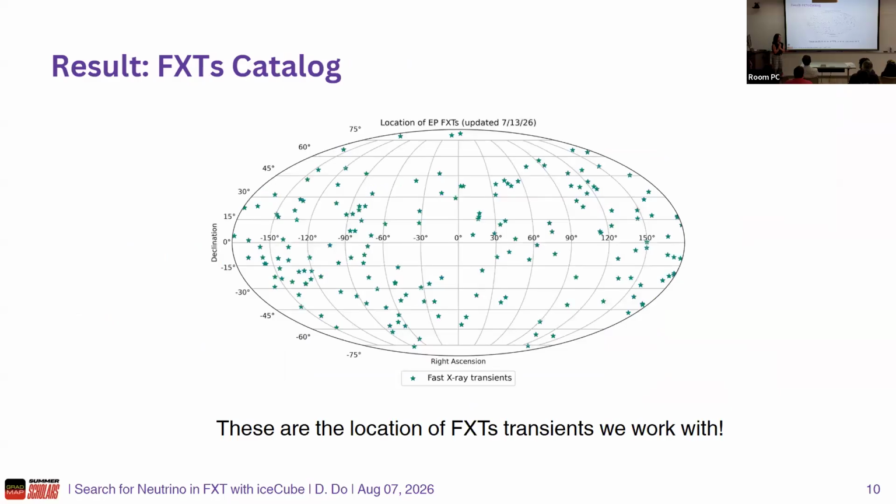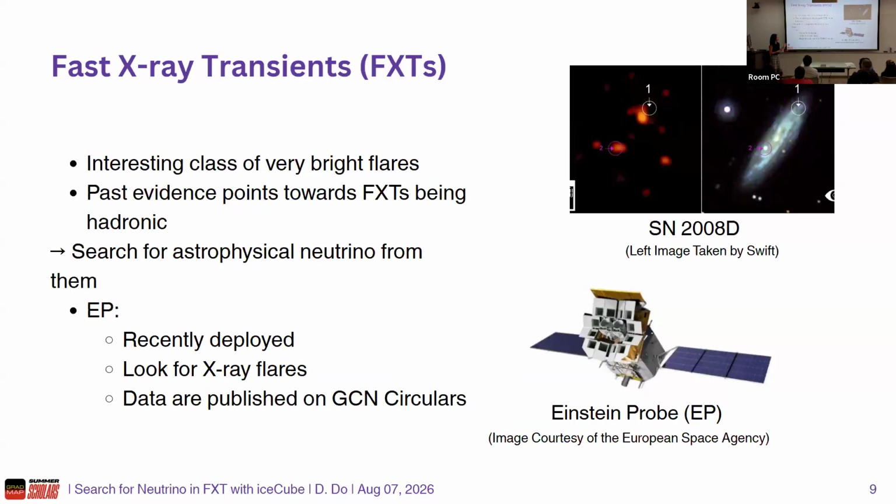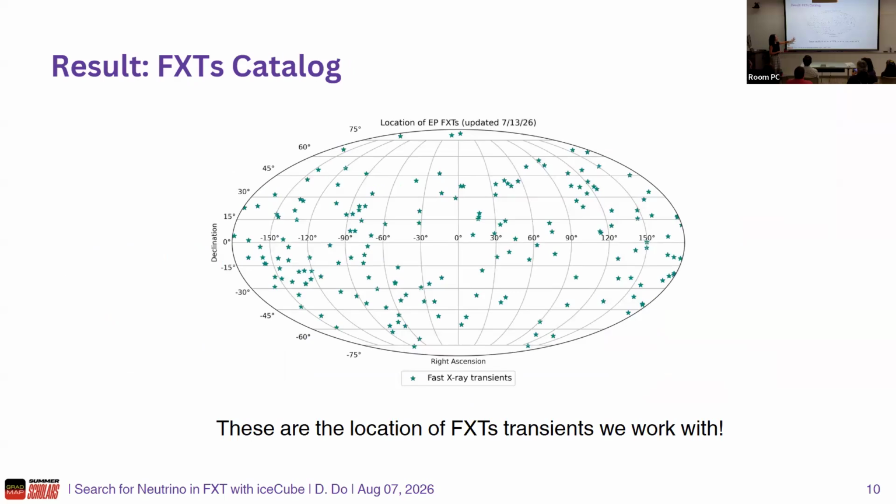One of our goals this summer is to put together a catalog of fast X-ray transients to work with. So we have run Python code to parse data from the GCN circulars, and this is a plot of the locations of the fast X-ray transients that we have.